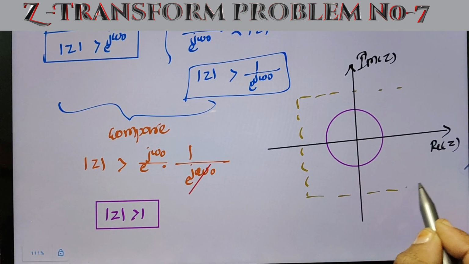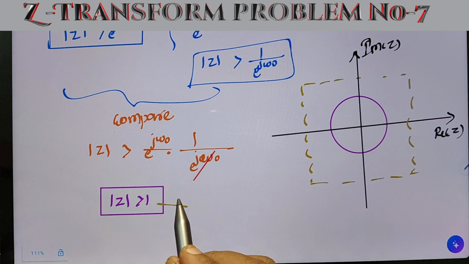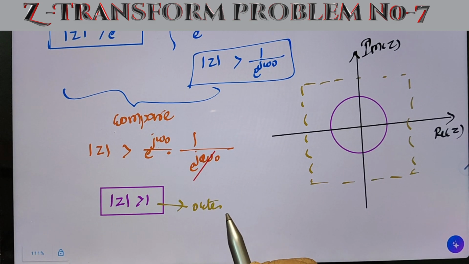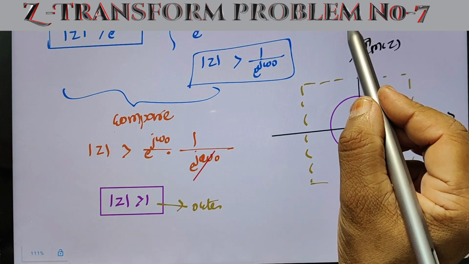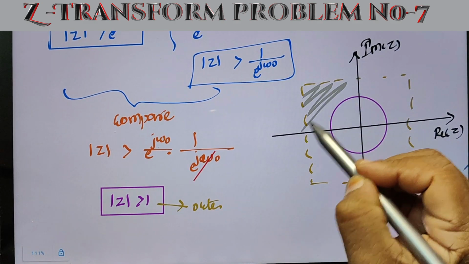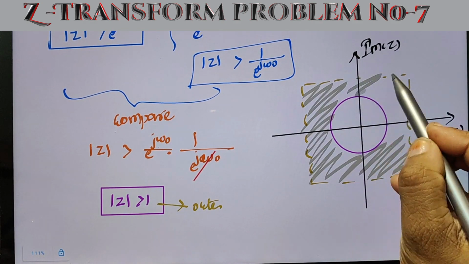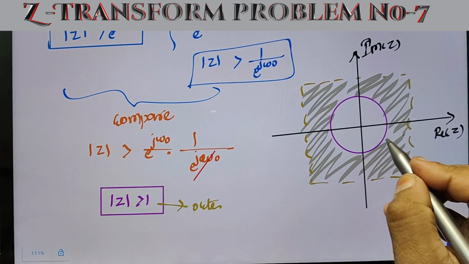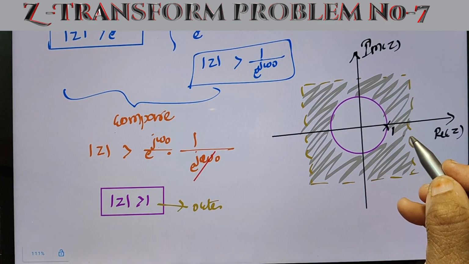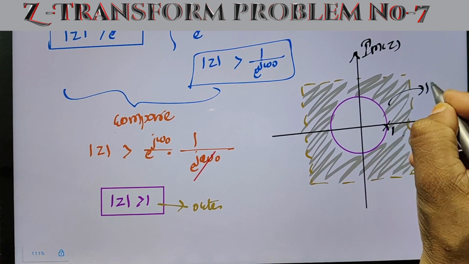Modulus of z greater than 1; greater than means outer, outside. Then shade the part. This is the outer area for the ROC of this problem. Here this is to be 1.